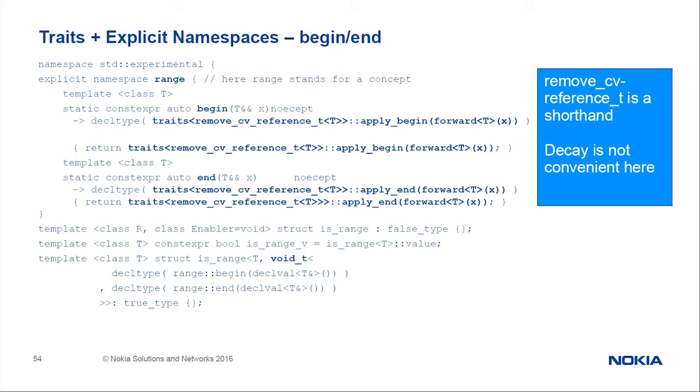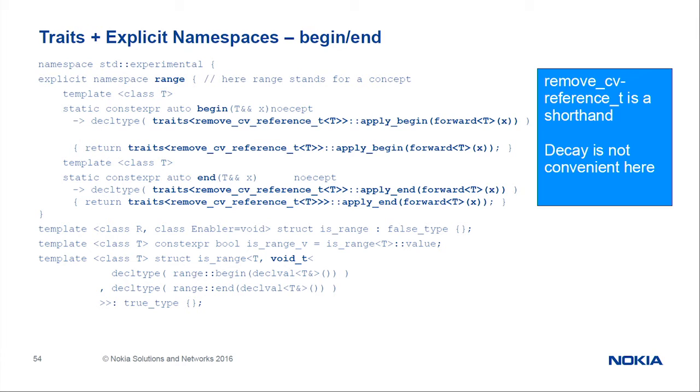Here we are forwarding to the function apply begin, and I have named it apply begin. I have not named it begin because we need a different name. And apply end.